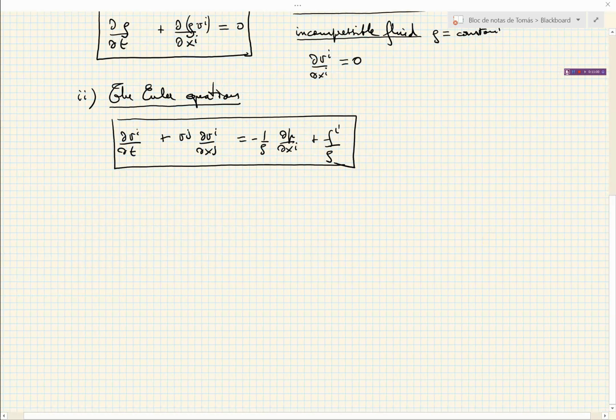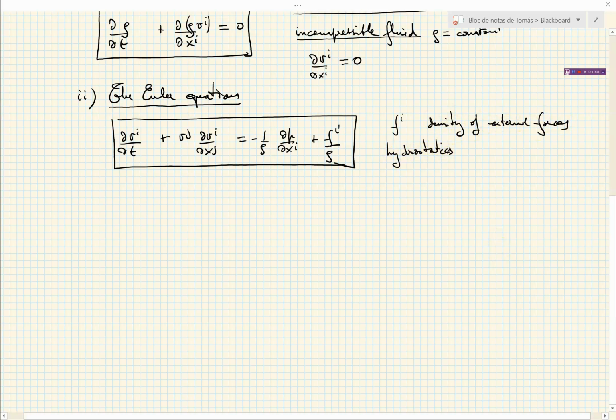Okay, what is Fi? Fi is the density of external forces. Here in these equations everything is a density. So for instance in hydrostatics, which means that the velocities are zero.